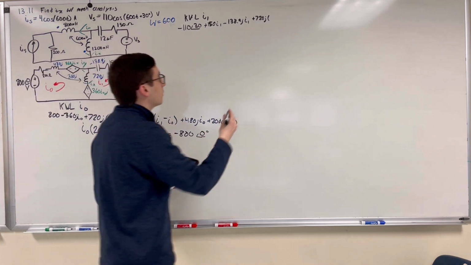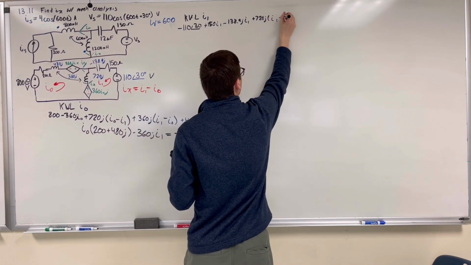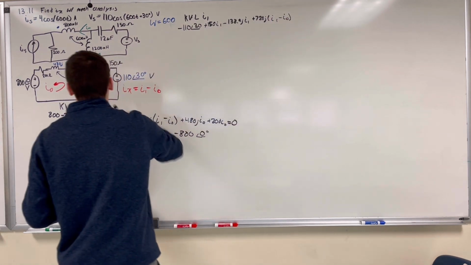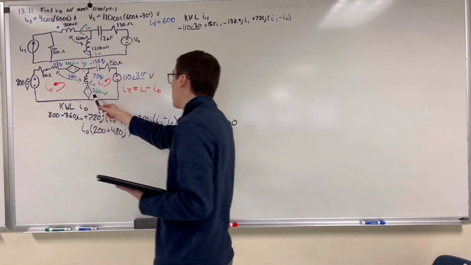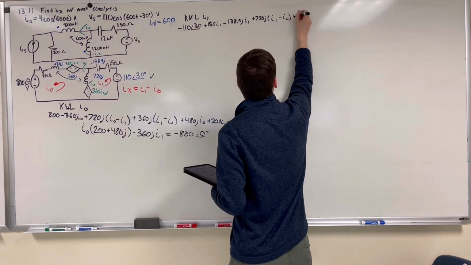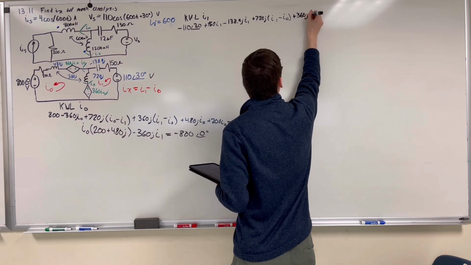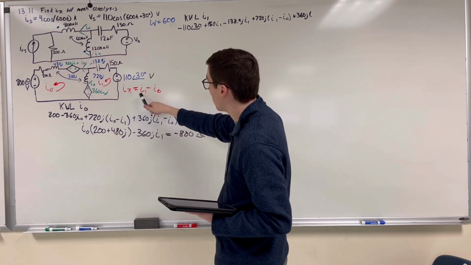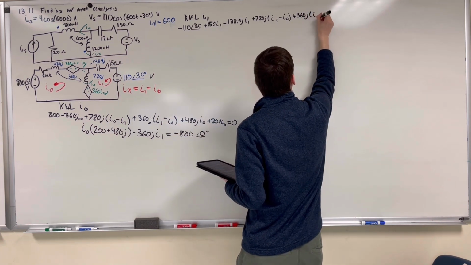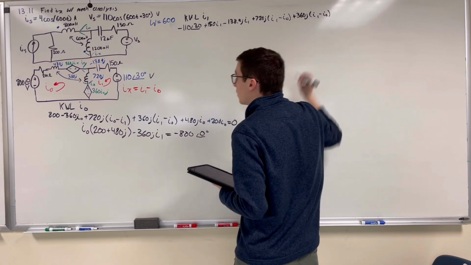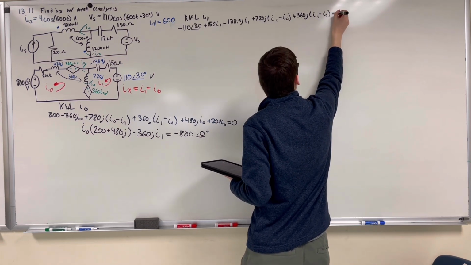So we're going to have I1 minus IO, and they're coming through the positive terminal of this dependent source. So that means it's going to be plus 360 J times IX, but we already have IX defined as I1 minus IO, and that is all equal to 0.